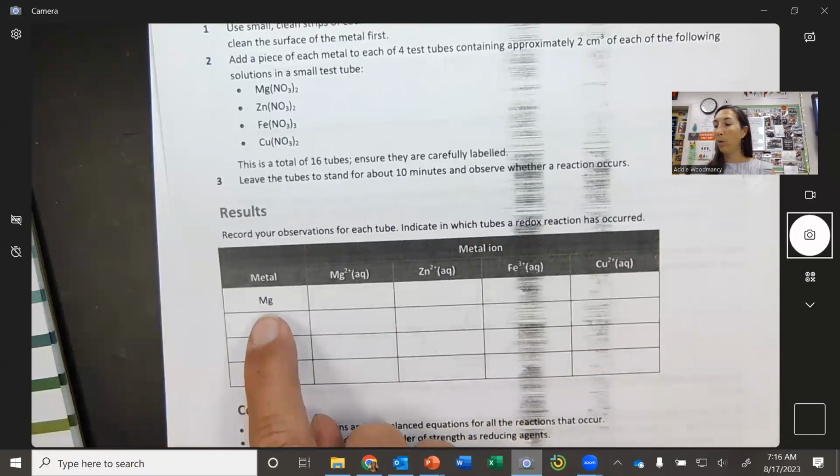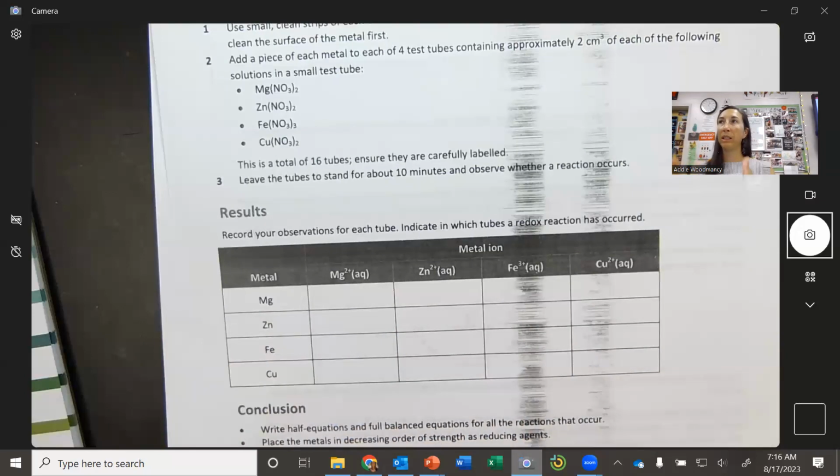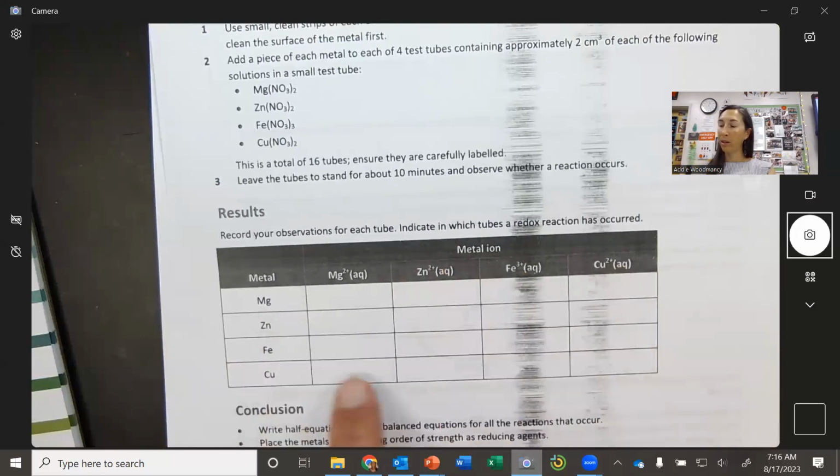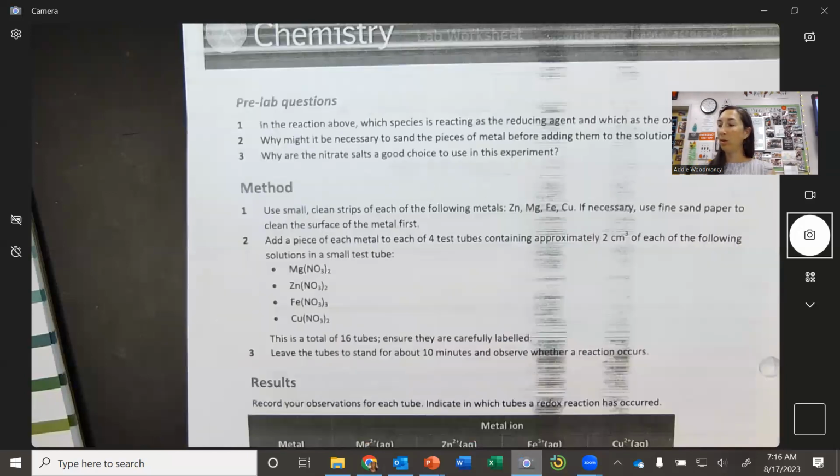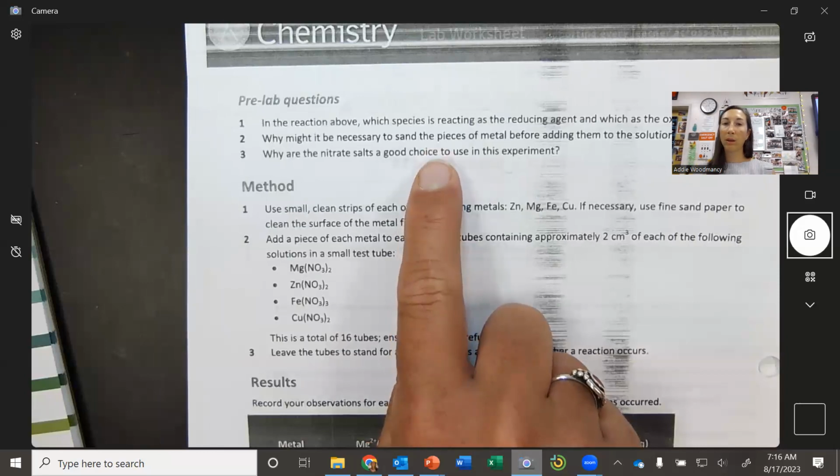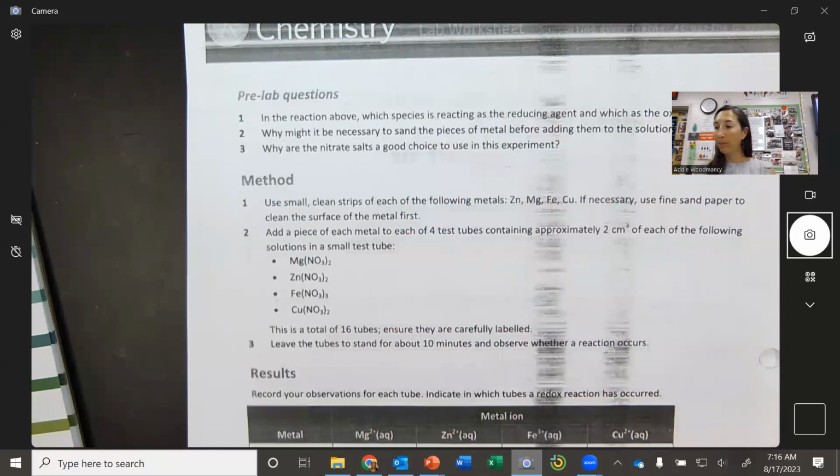So even though you only put magnesium metal in the test tube, you still need to visit the other students' test tubes so that you can fill out your whole data chart. To actually perform the lab maybe takes 5 minutes, but then you'll have to wait until the end of class. During that time, you could work on your pre-lab questions or grab a laptop and start writing up your lab report.